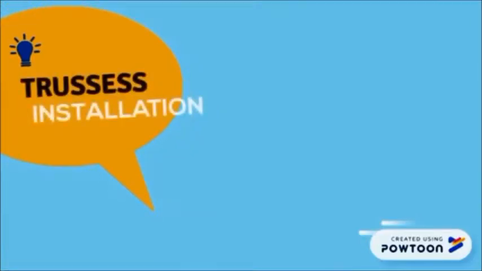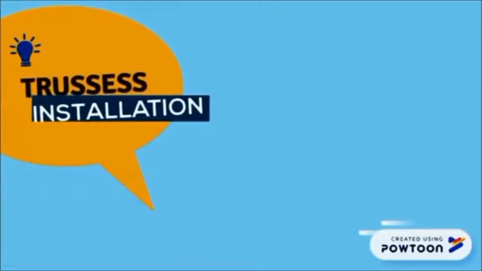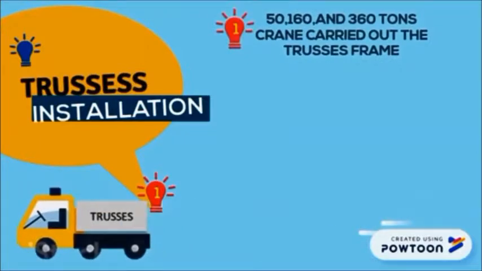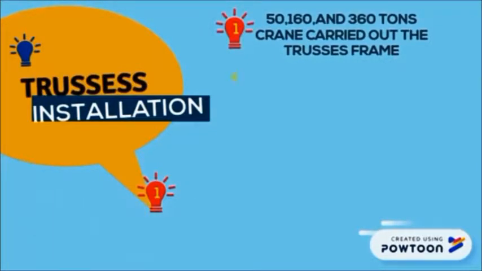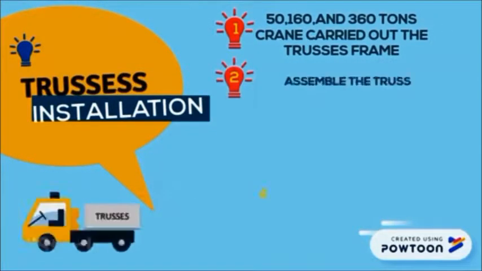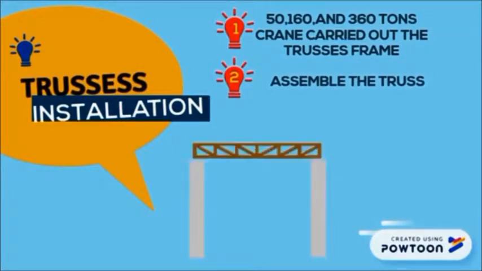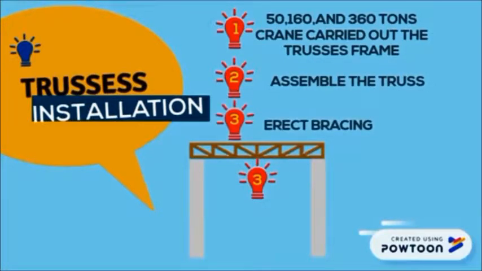The first step of truss installation is that 50, 160, and 360 ton cranes carry out the truss frame. Secondly, the labor will assemble the truss and erect the bracing to make sure that the truss is right and straight in place.